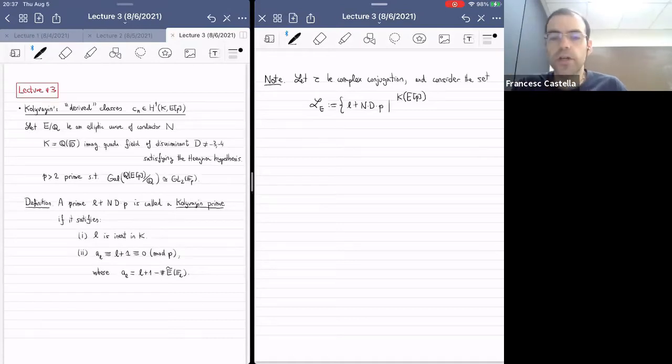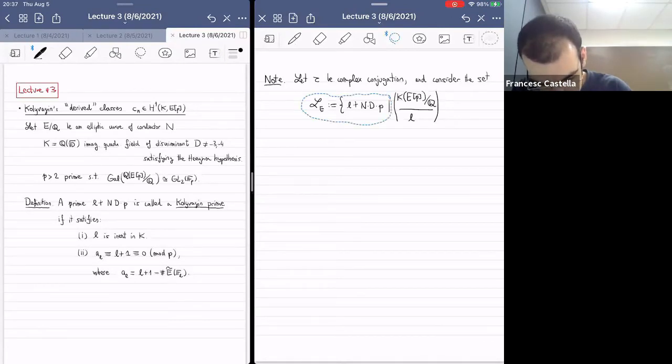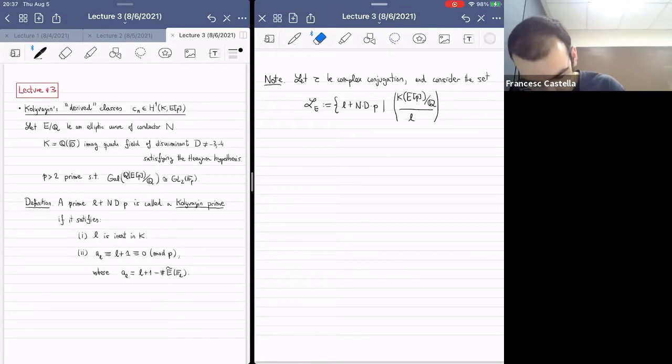Okay, so we take K, we join the coordinates of the P torsion points, and that's a Galois extension over Q in particular. So we look at the Frobenius conjugacy class for that prime L. So this is clear. Okay, and we want that to be, okay.